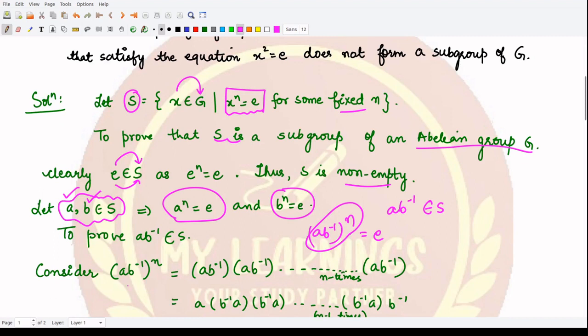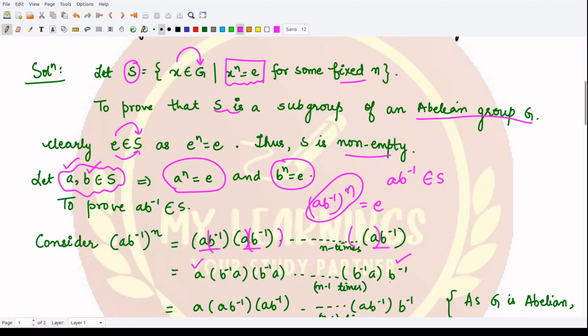For the left hand side, you can write AB inverse raised to power n as AB inverse multiplied by itself n times. Now out of these n terms, you can make use of the associative property to change the brackets, so that you have one A at the start and one B inverse at the last, and in between you have B inverse A, B inverse A, up to B inverse A, in total n minus 1 times.